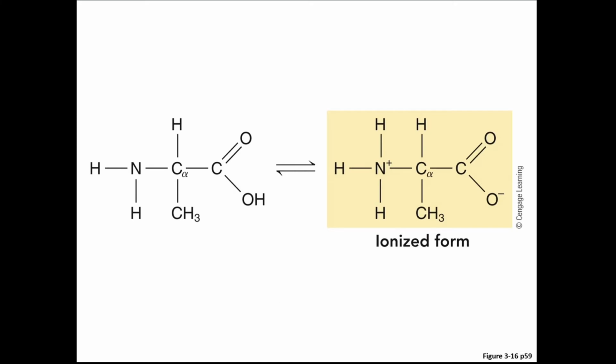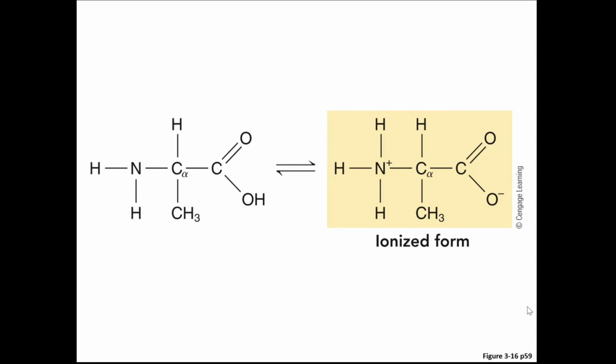If you look at this diagram illustrating the amino acid at pH 7 in a living cell, amino acids exist mainly in their ionized form as a dipolar ion. Why? Because of the ability of the amino acid carboxyl group to accept and to release protons.